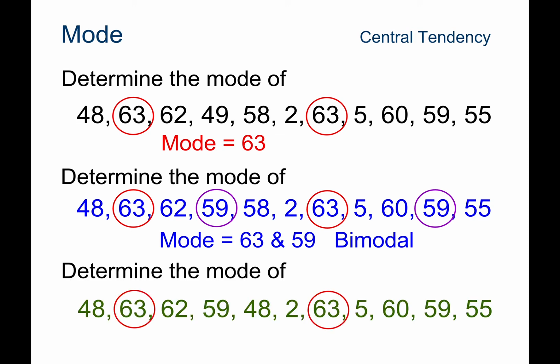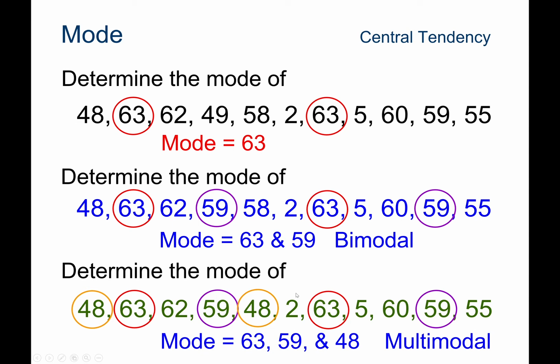You can also have mode sets like this where you've got 3 numbers that appear multiple times. In this case, we call it multimodal. And you could end up with 4 modes, 5 modes, depending on how big your data is. So anything that's 3 or more is considered multimodal. Now, if you have no numbers that appear multiple times, we just say that there is no mode.